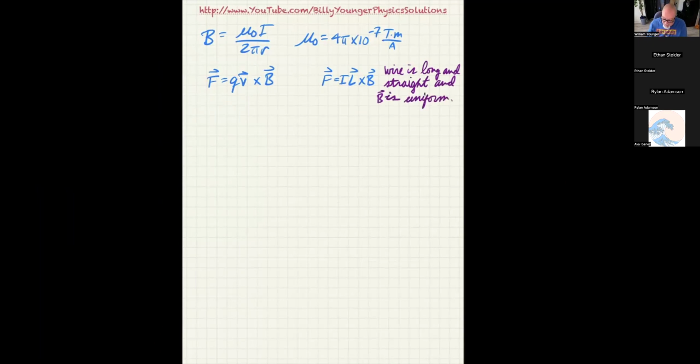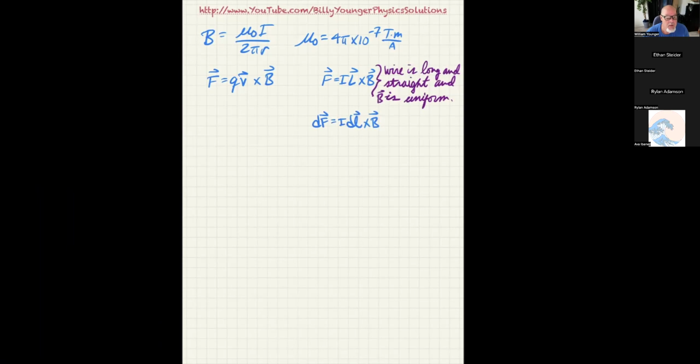So you have to have a magnetic field that's equal to the same number at every point along the wire and points in the same direction. If that's true, then you can use that equation. If that's not true, then you have to use this other form of the equation that says dF is equal to I dL cross B. And then you can evaluate each little part on its own.